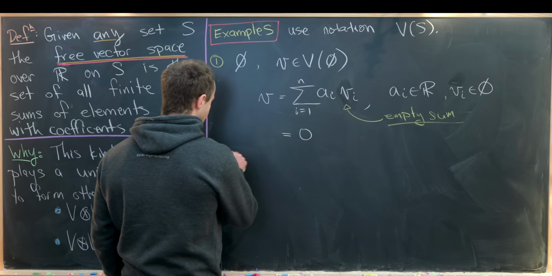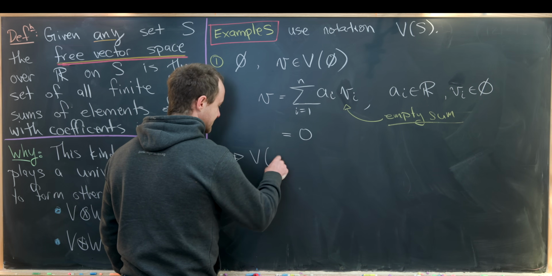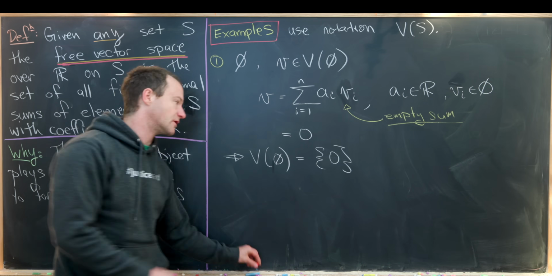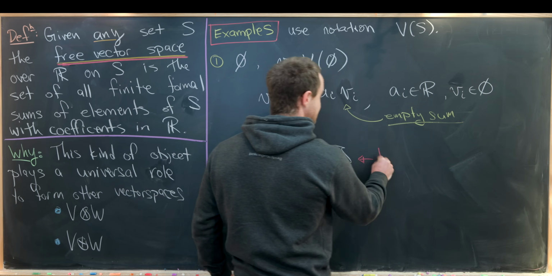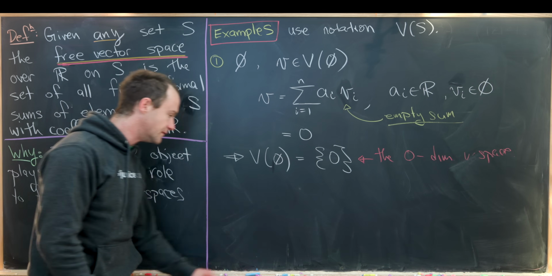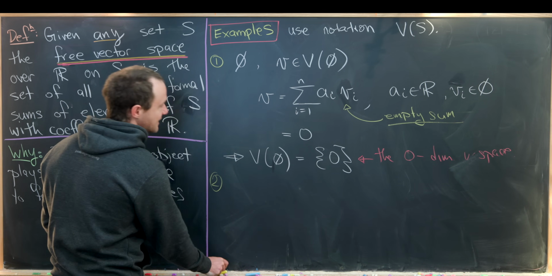So we have a conclusion here that our free vector space on the empty set is really just equal to the singleton {0}, which is the 0-dimensional vector space.